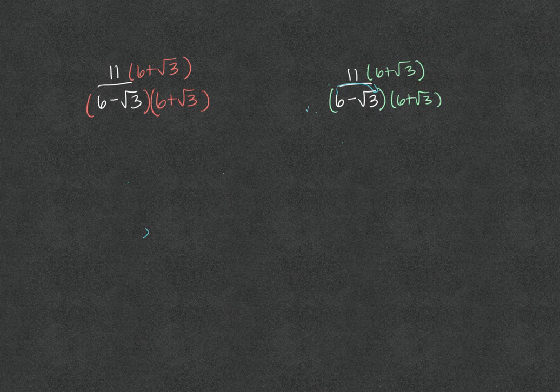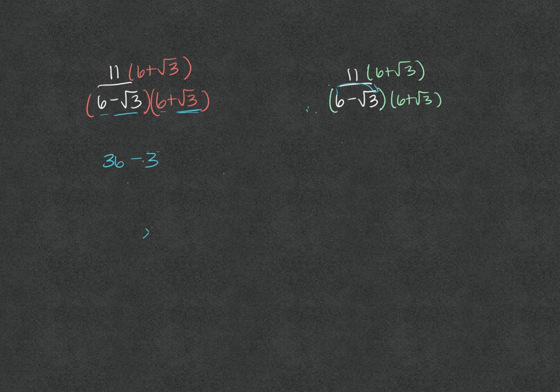So we start by multiplying the first, which is 6 times 6, and we're going to get 36. Then when we multiply the last part, negative root 3 times a positive root 3, well, that's the same thing as saying the square root of 9, which is just going to be 3. So we're going to get that this is 36 minus 3, which is going to lead us to 33.